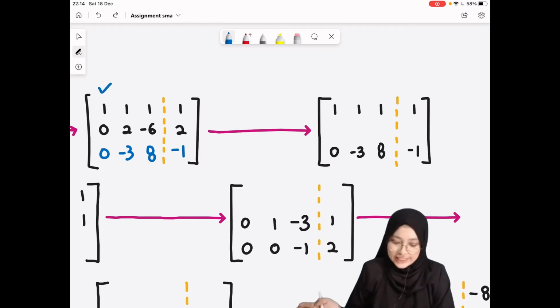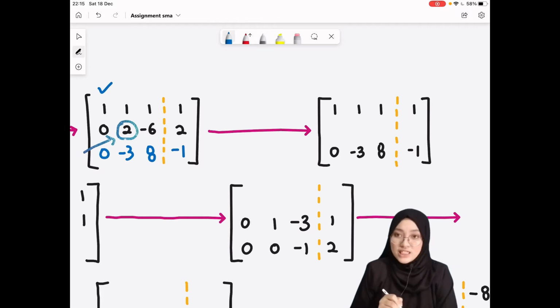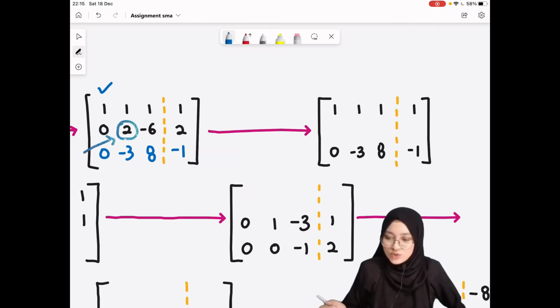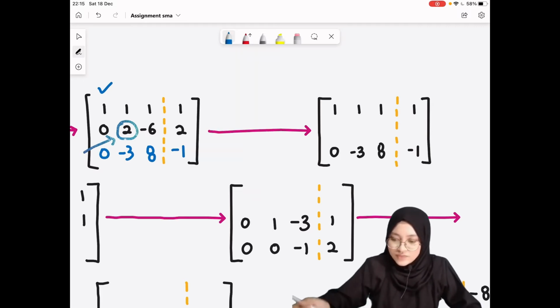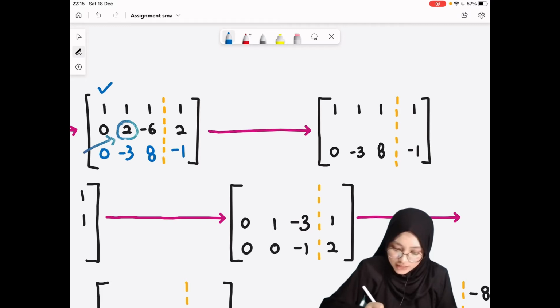Next, we move to the next diagonal entry, which is row 2, column 2 here. This number here must be a leading one. So, how to do that? To make this 2 become a leading one, we can multiply 1 over 2 times row 2 and write down in row 2.